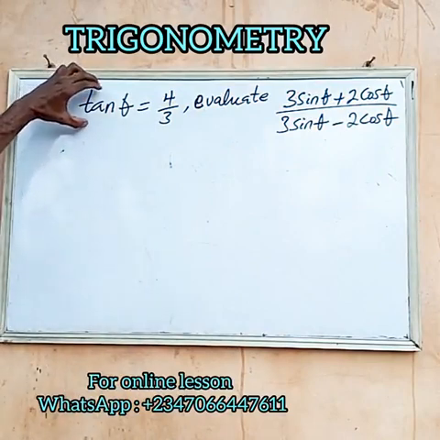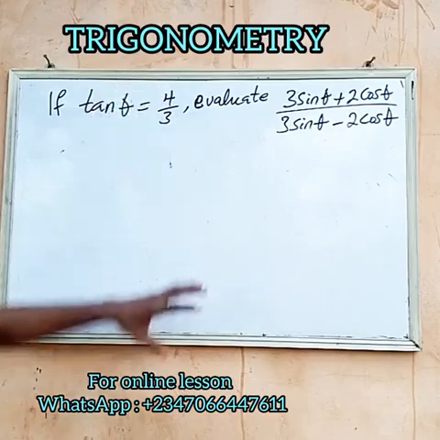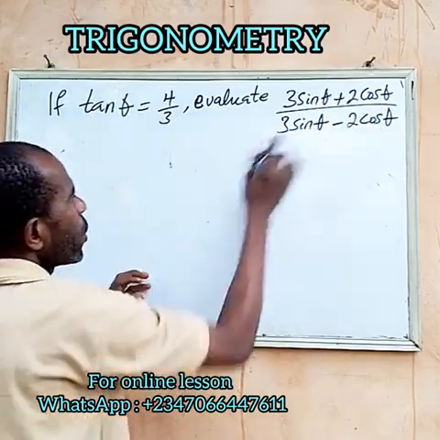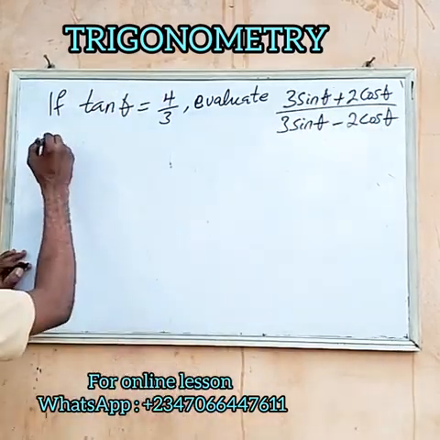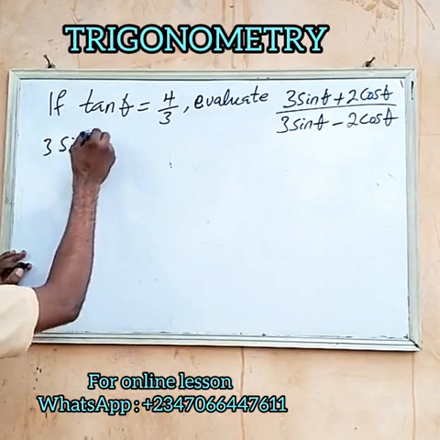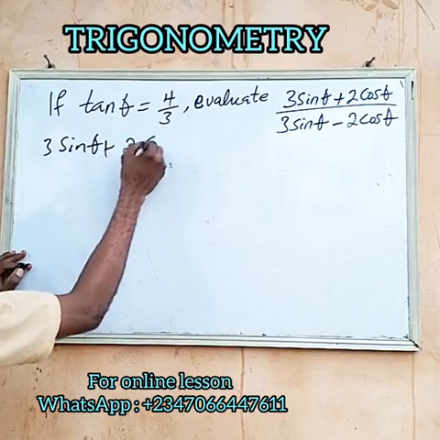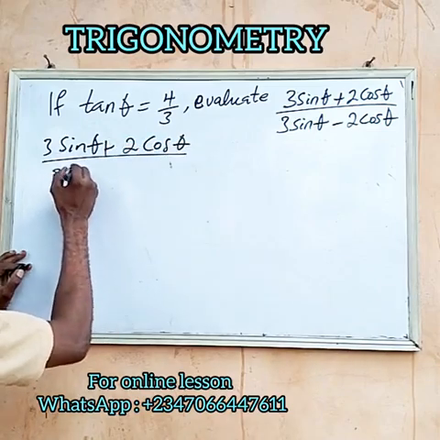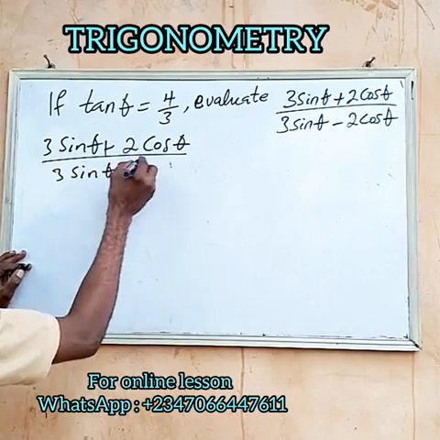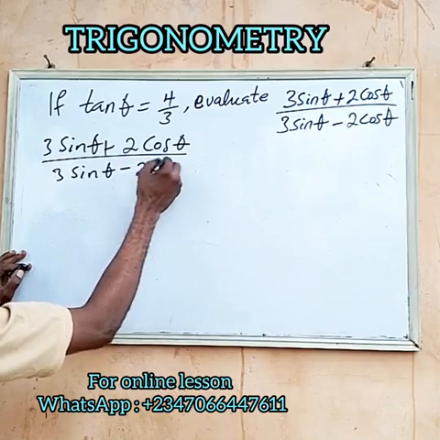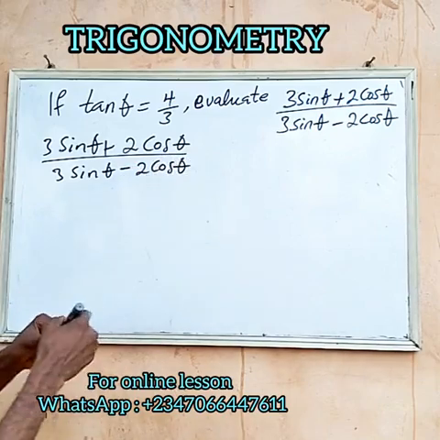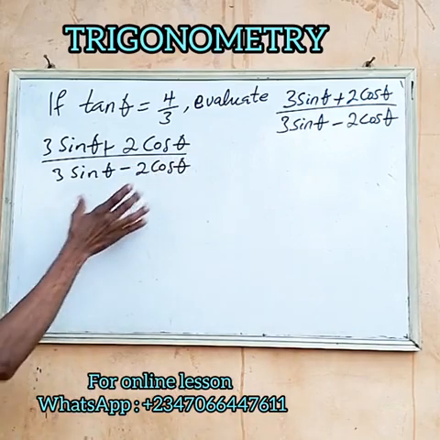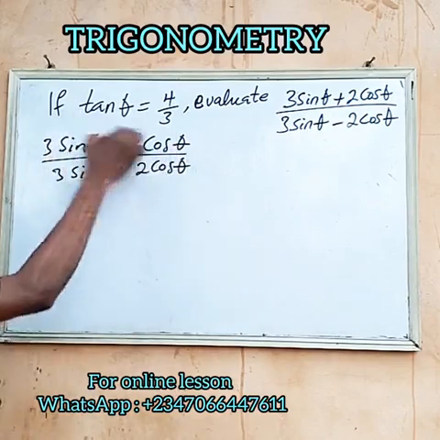Since we are given that tan theta is equal to this, I want to look for a way to manipulate this expression here, where we have 3 sine theta plus 2 cos theta all over 3 sine theta minus 2 cos theta, and get my tan theta.